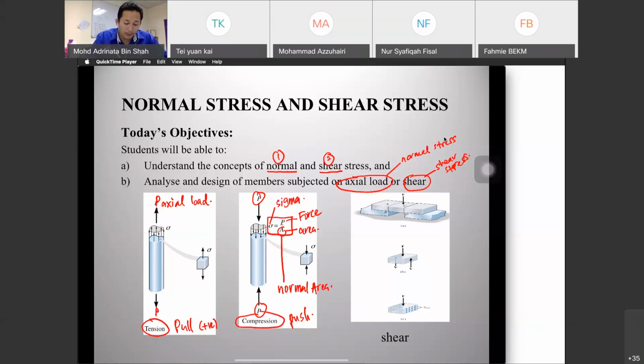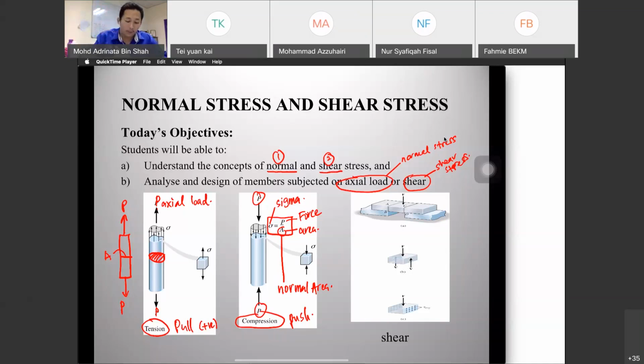Perpendicular is 90 degrees. This is your area. So in 2D view, we have P acting on the body, and this is our area.